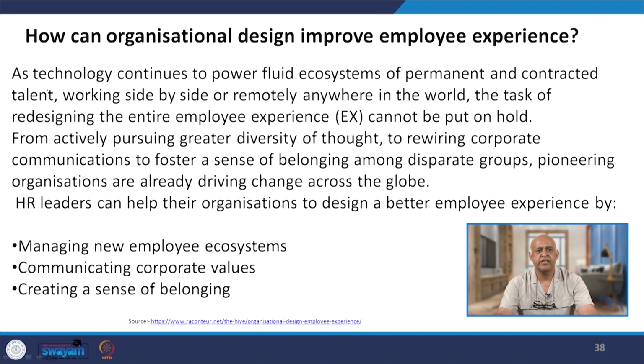As technology continues to power a fluid ecosystem of permanent and contracted talent working side by side or remotely anywhere in the world, the task of redesigning the entire employee experience cannot be put on hold.